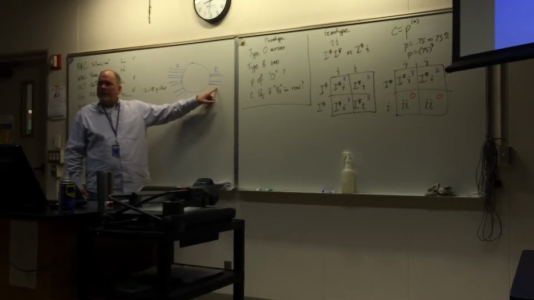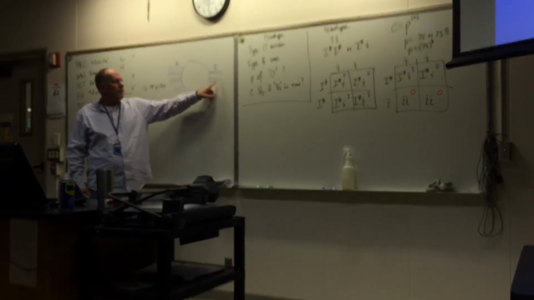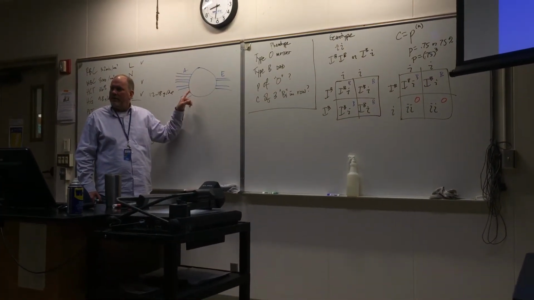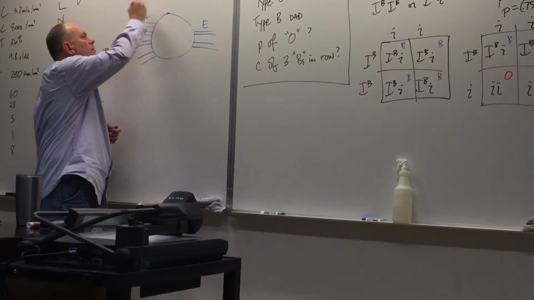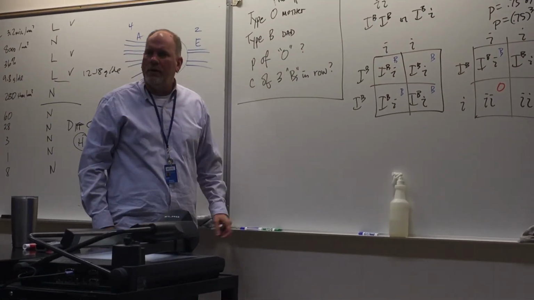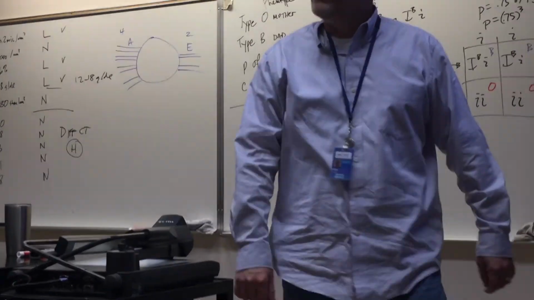I drew this on purpose. How many efferent vessels are there? 2. Efferent, 1, 2. How many afferent? 4. What do you think that does to flow as fluid goes through the lymph node? Speed it up or slow it down? Slows it down.